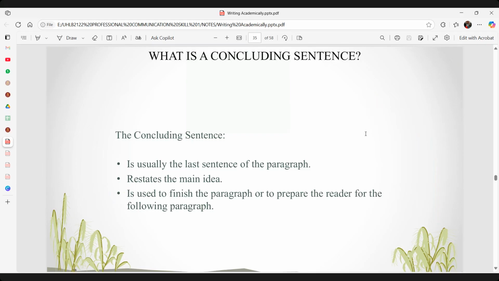And the idea why you need to have a concluding sentence is basically you want to tell your reader that, hey, I am finishing this idea, I am finishing this paragraph. So after this, I will introduce a different idea. So it's just a sign, telling your reader that, okay, I have finished explaining this. Now we move on to a different idea.